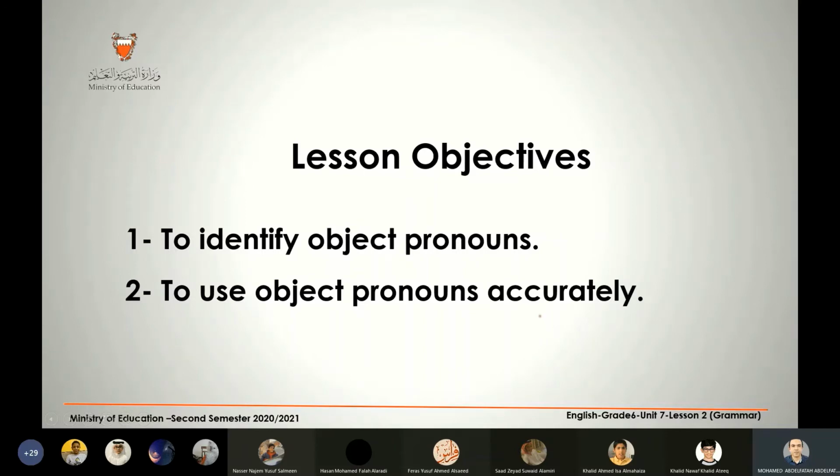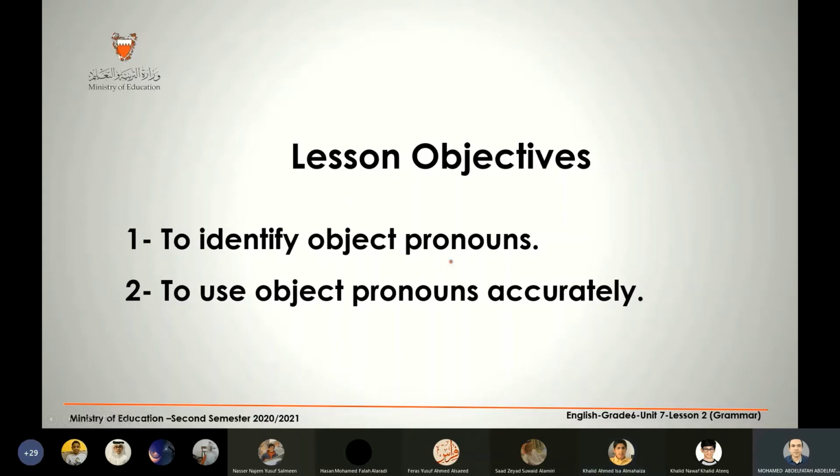And now I will ask Khalid Ahmed to help us read objective number 1. Are you there, Khalid Ahmed? Yes, teacher. Good morning, Khalid. Good morning, teacher. Khalid, I need your help to read the objective number 1. Read aloud. To identify object pronouns.